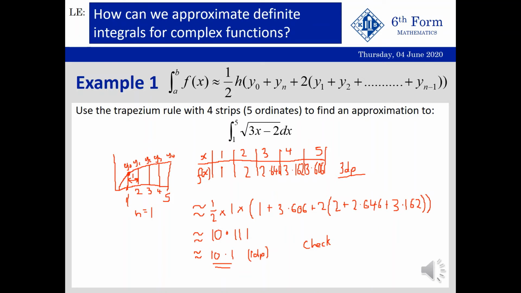Which comes out to be 10.193. So we can be pretty confident that our approximation of the trapezium was worked correctly. It's actually a very good approximation to the actual integration calculation.